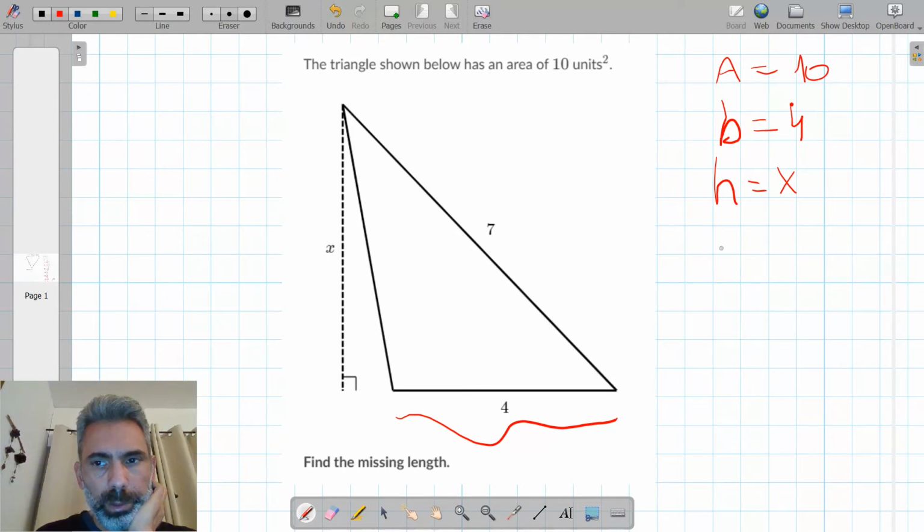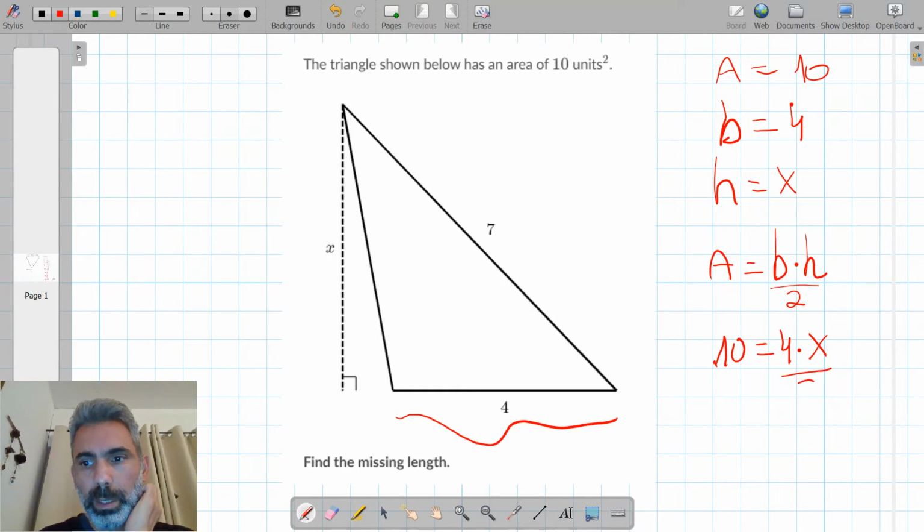So the formula to calculate the area of the triangle is base times the height divided by 2. So it means this area 10 equals the base, which is 4, times x, because the height is unknown, divided by 2.